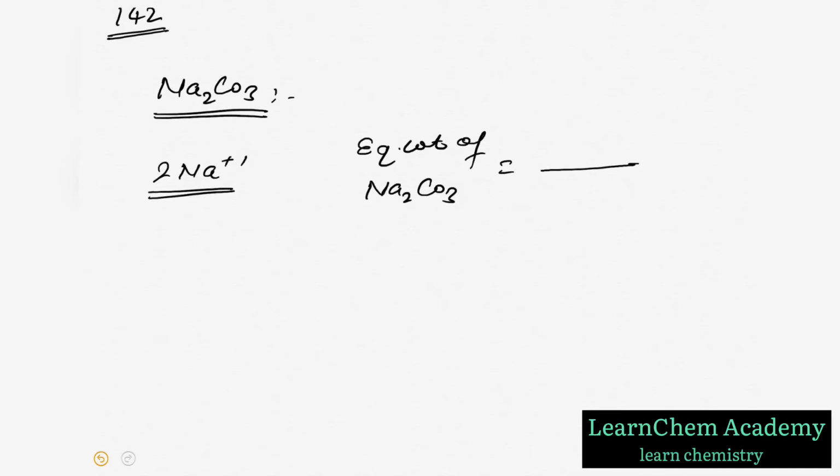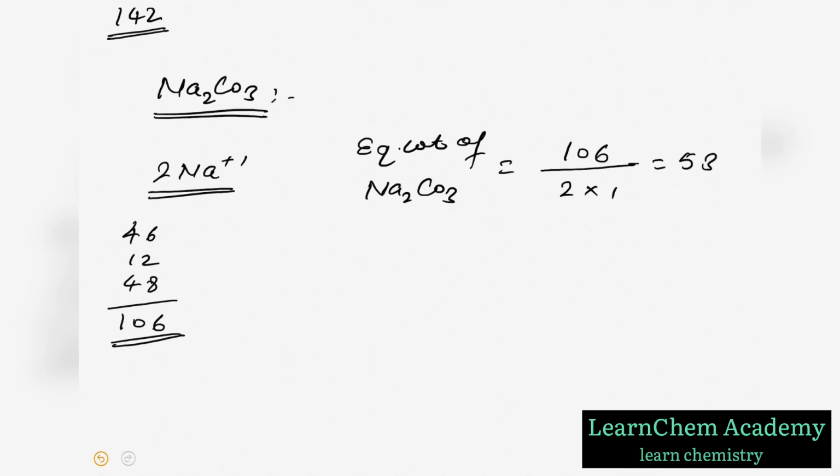Here also 2 sodium is 46, carbon is 12 and 3 oxygen is 48. So we will get 106 is the molecular weight. So 106, number of metal ions 2 and their valency 1. So we will get here 53 is the equivalent weight of Na2CO3.